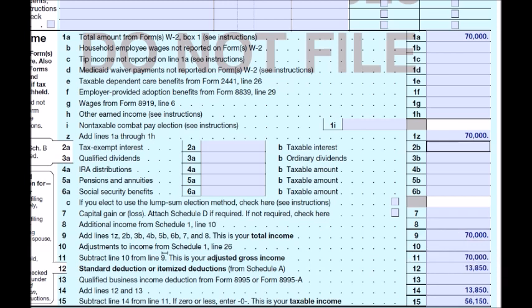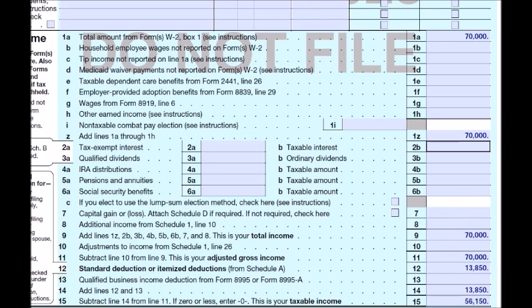Line 10 is for adjustments to income from Schedule 1, so we have 0. Line 11 will be line 9 subtract line 10, so 70,000 minus 0 is $70,000. Line 12 we'll do standard deduction.